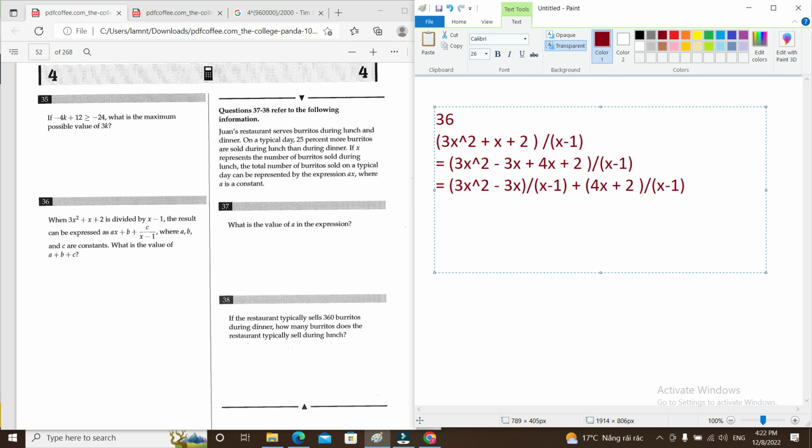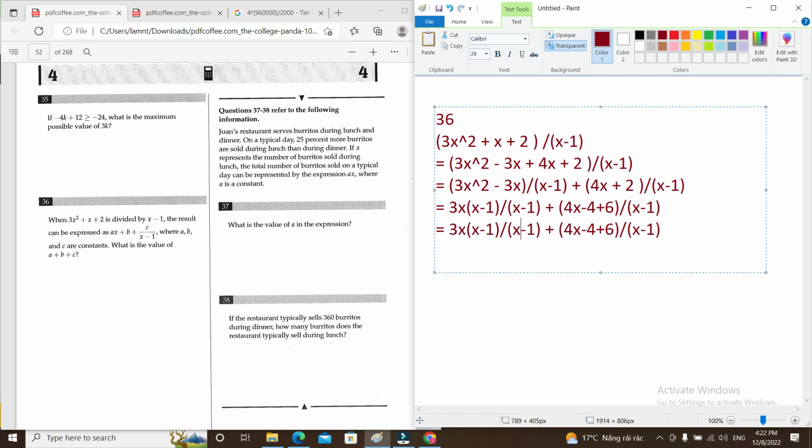So this could be transformed, right? 3x times (x minus 1) over (x minus 1). And in this side we're going to say 4x minus 4 plus 6 over x minus 1, because minus 4 plus 6 is plus 2.